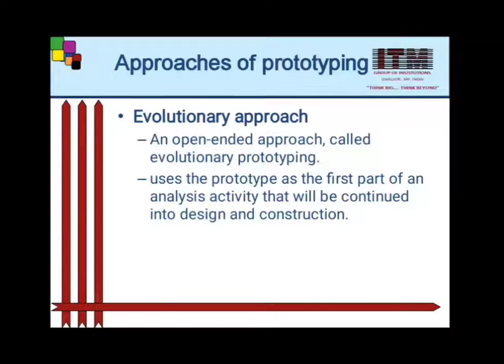Now, the evolutionary approach requires some specific requirements. It needs the tool, language and platform used to develop the prototype to be the same as the actual development platform selected, and it is also used to maximize the reuse of the prototype. Important conventions for design and programming must be laid down before the development of the prototype begins.